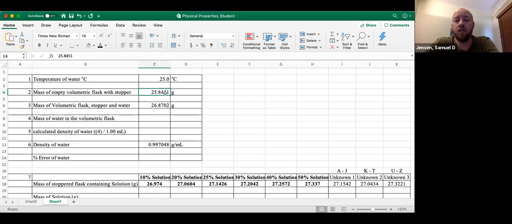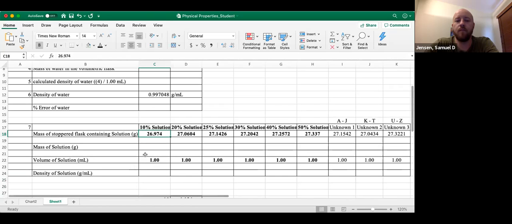The difference from this number to this number, this one is obviously more because it has liquid in it. This one's empty. So the difference between this and the empty glassware is just the solution. That is the mass of the solution, and that's the second row data.